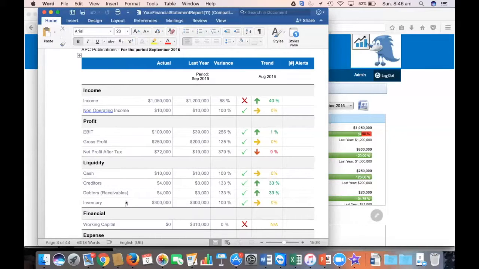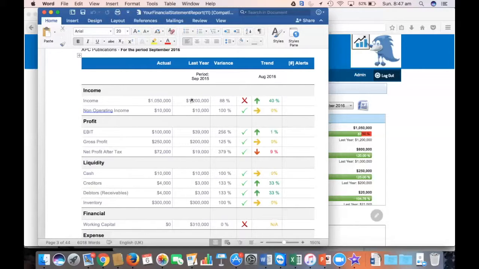And that is the key. The financials should really just be confirming what you already know, because you're running your business. So in this case where it's red, it tells us that we have gone down revenue-wise compared to last year.